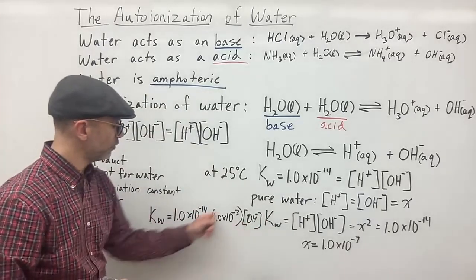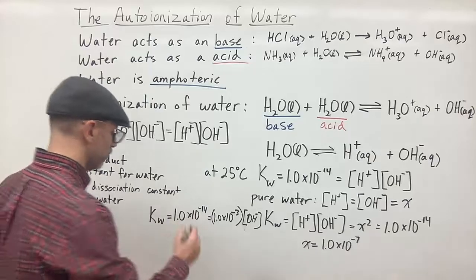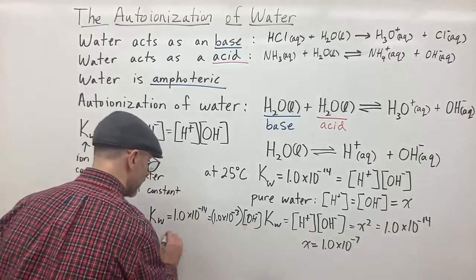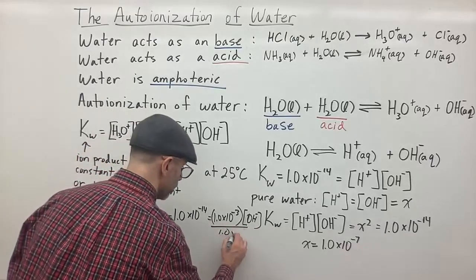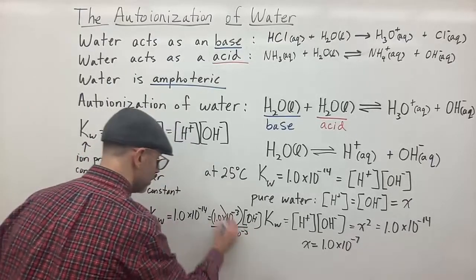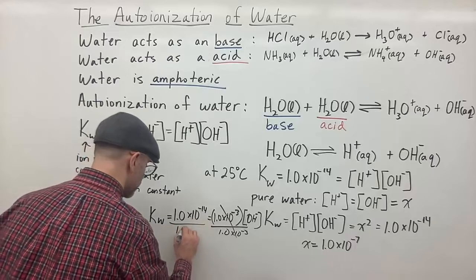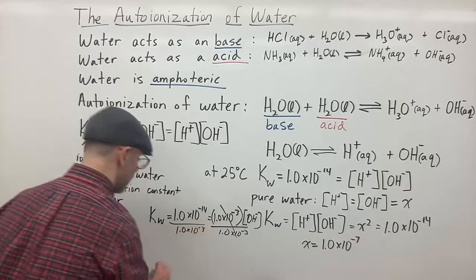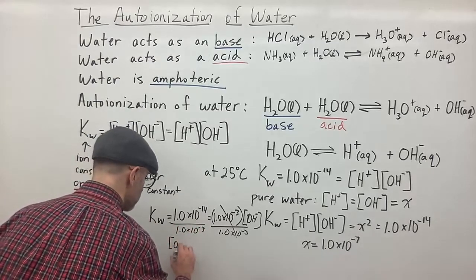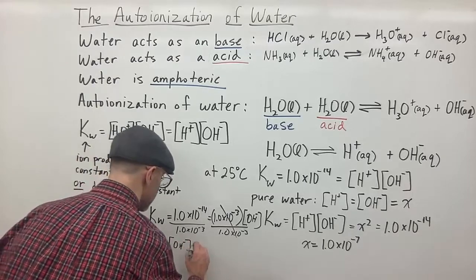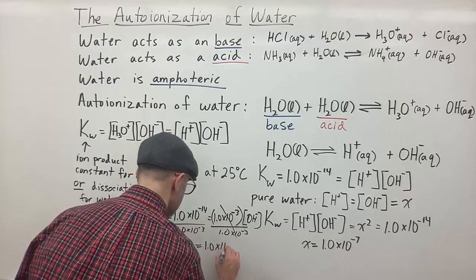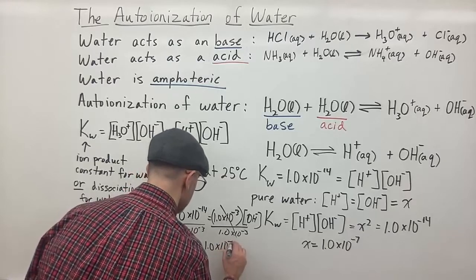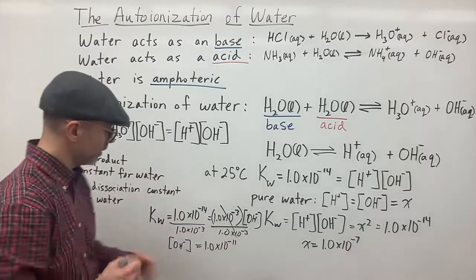We can solve this for OH minus. We divide both sides by 1.0 times 10 to the negative 3, and we end up getting the OH minus concentration is equal to 1.0 times 10 to the negative 11.